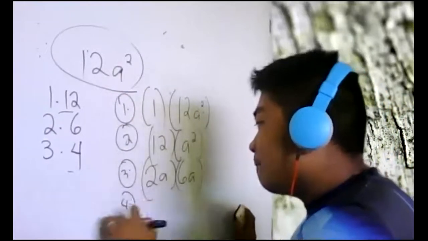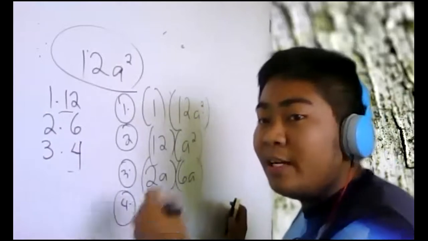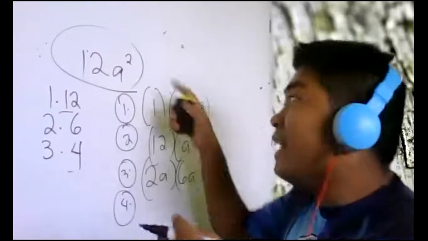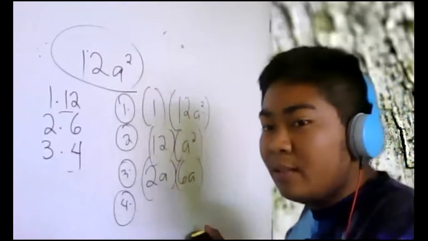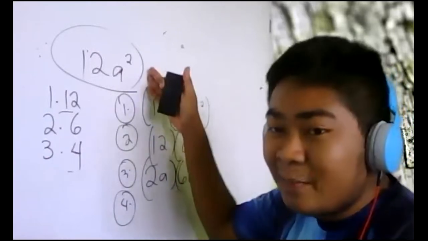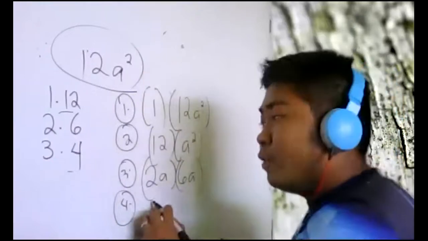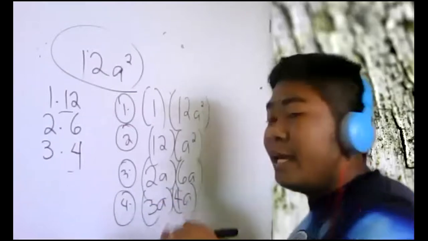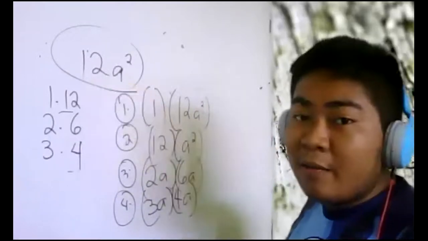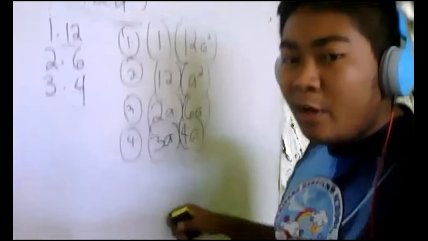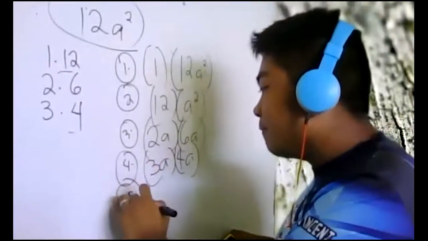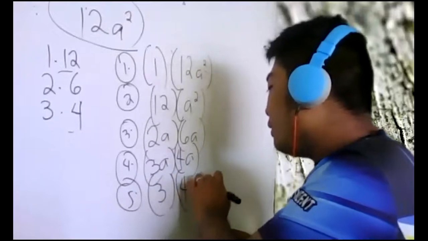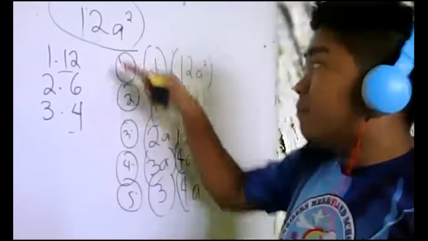Next. So marami. So there are a lot of possible factors sa iisa pa lang na monomial. Or I should say, sa isa pa lang na algebraic expression. So you can also write 3a times 4a. Diba? Pares pa rin sila. 12a squared pa din. Or pwede rin naman na number 5. 3 times 4a squared. Same.